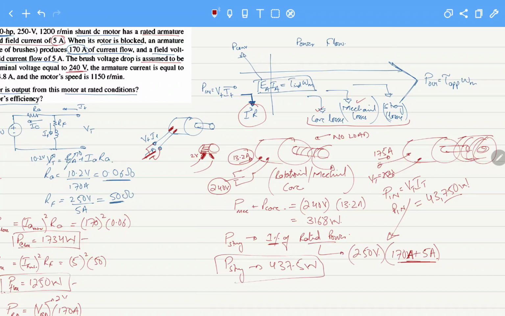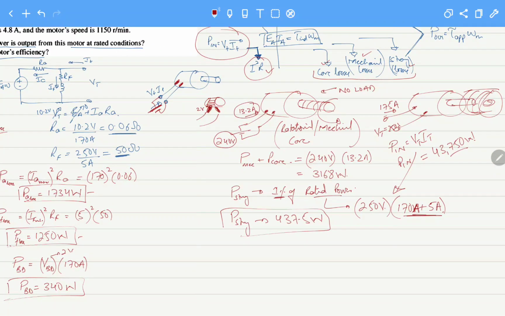Now in this manner I have calculated all the losses: the I square R loss, the core and mechanical losses, and the stray losses, and meanwhile I have also calculated the input power of the machine. So what will be the output power? P output equals P in minus all the losses that we have calculated.